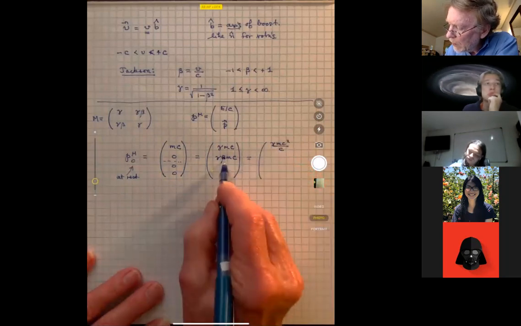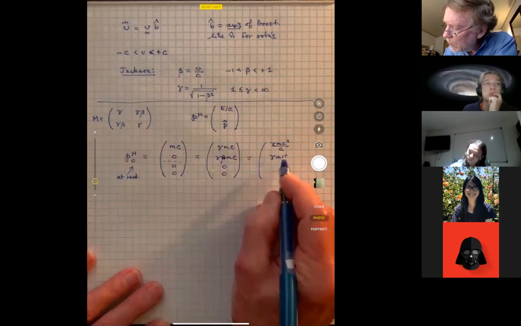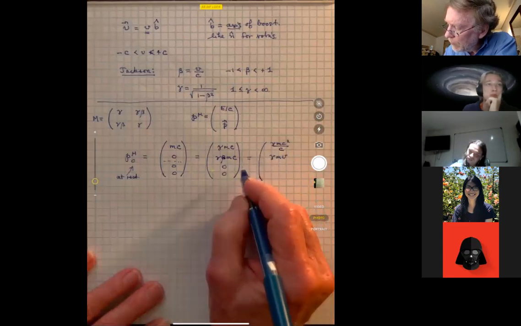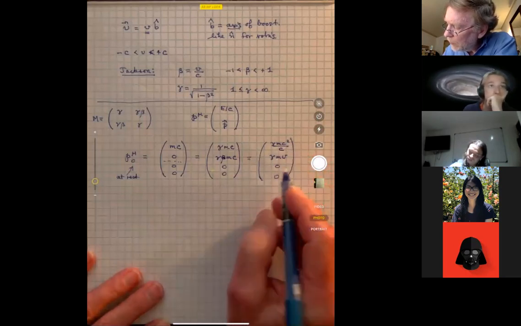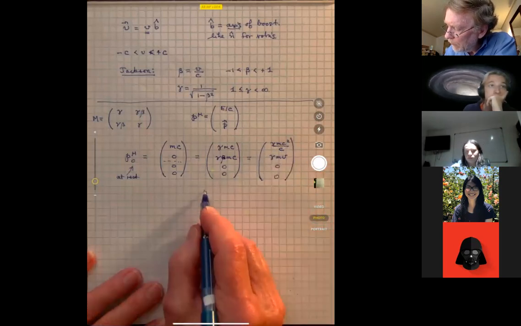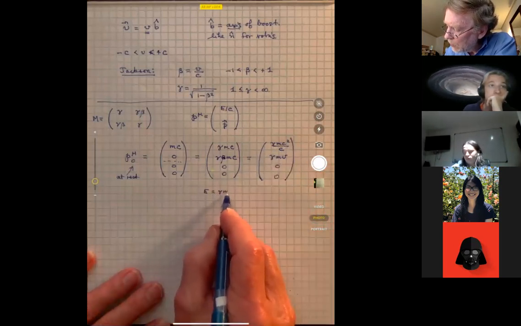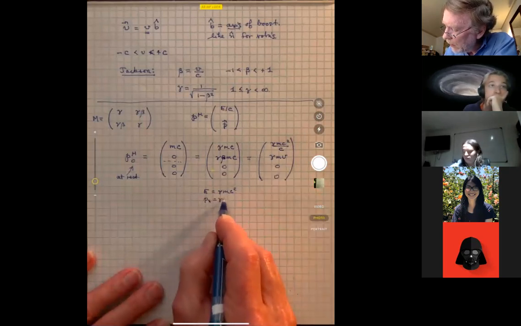And since beta is v over c, this turns into gamma mv for the x direction, and otherwise you have zeros here. And you can recognize this as an E over c for a particle that has energy gamma mc squared and has a momentum p sub x equal to gamma mv.